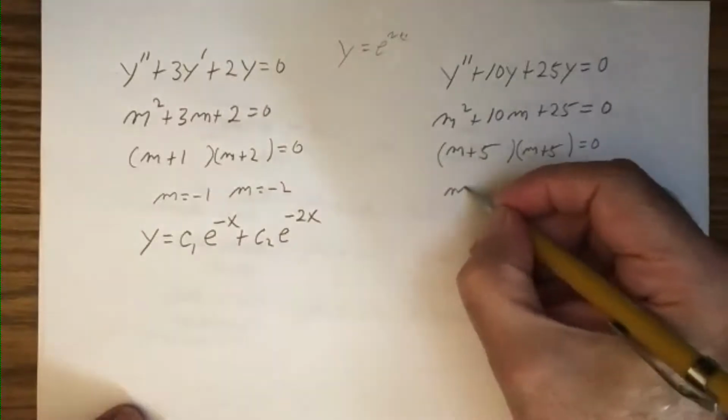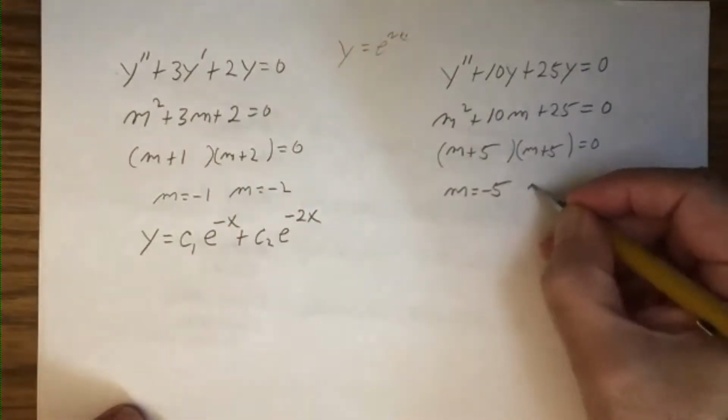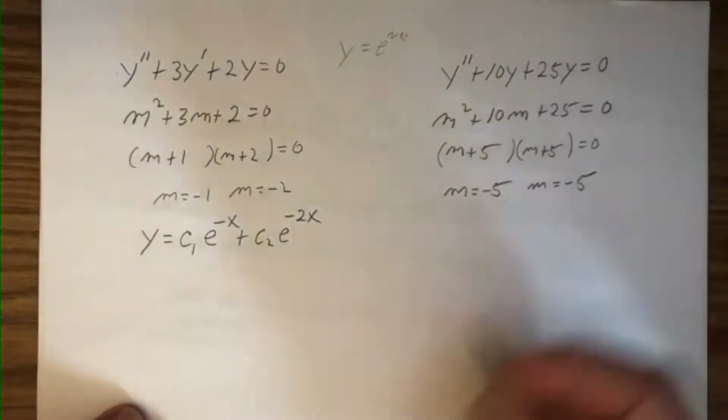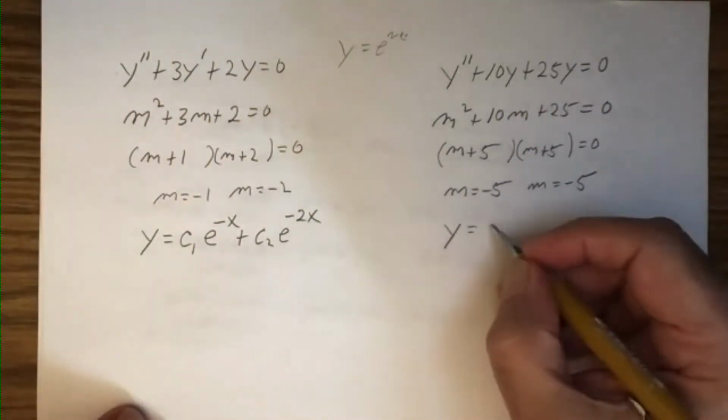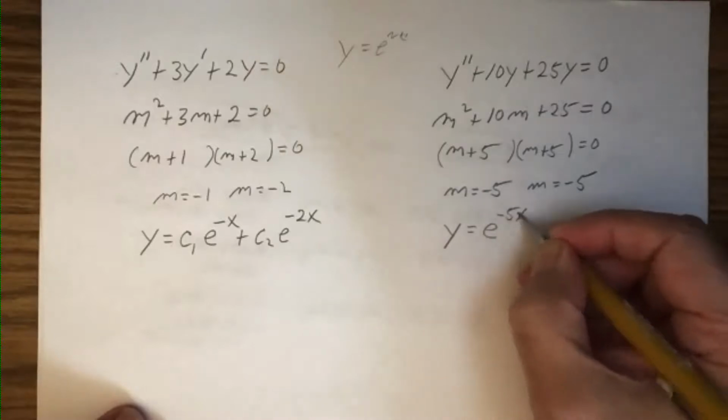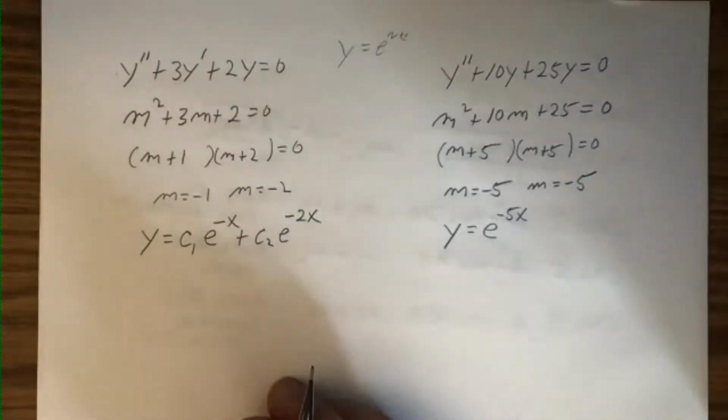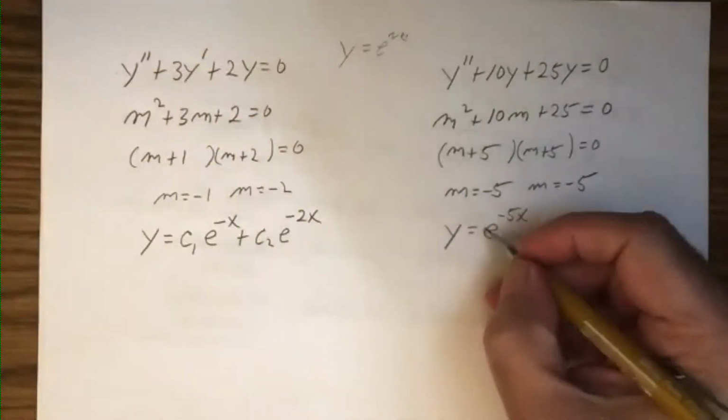So m is equal to minus 5, and m is equal to minus 5. So now in this case, I only get one solution. I get e to the minus 5x, okay? I should put a constant there too.